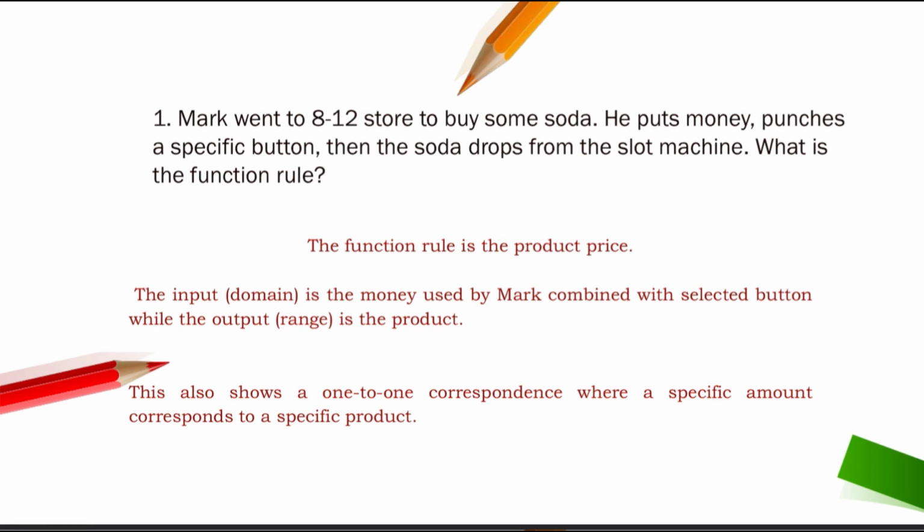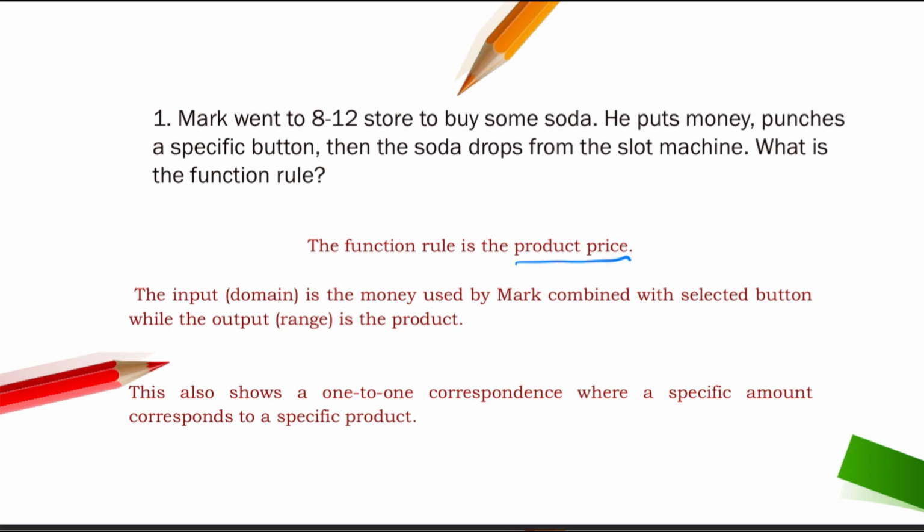Situation 1. Mark went to a store to buy some soda. He puts money, punches a specific button, then the soda drops from the slot machine. What is the function rule? Now, the function rule is the product price.